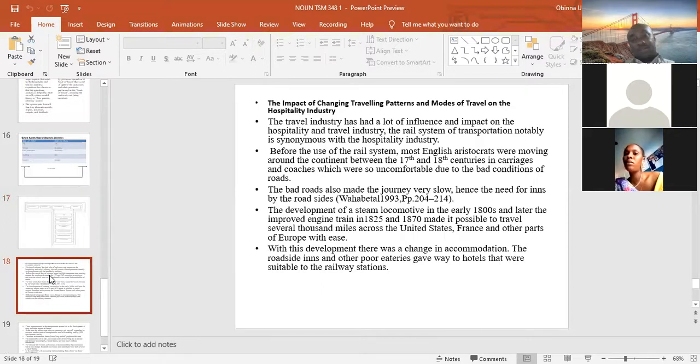All those graphs and models are very important for us to look at. We also look at the impact of the changing traveling pattern and modes of travel on the hospitality.